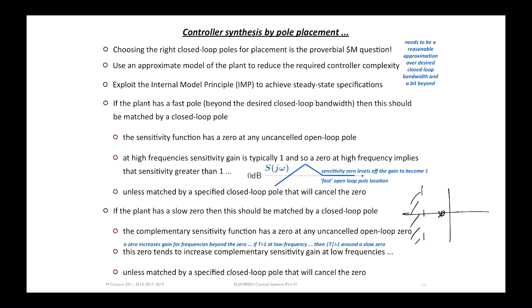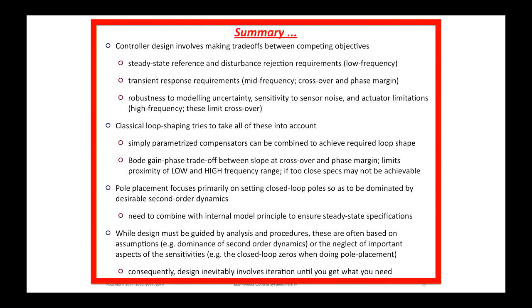So, in my opinion, the best way to think about the design of single input, single output feedback control systems is in terms of thinking about what shape you want the open loop transfer function to have across frequency, and to think about the design of the controller in terms of compensation of the open loop plant transfer function shape across frequency to give you the desired open loop transfer function shape across frequency.